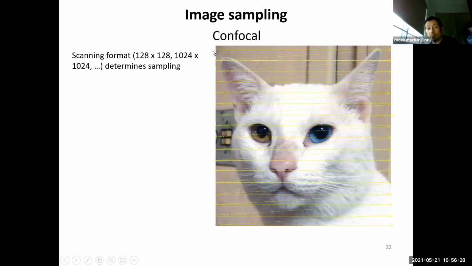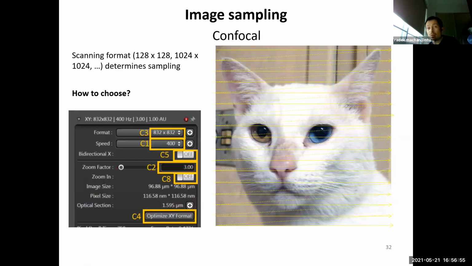So how many lines I scan the area and into how many pixels I divide each line, that determines the sampling. So I'm not limited by any camera. I have the absolute freedom to choose my sampling.